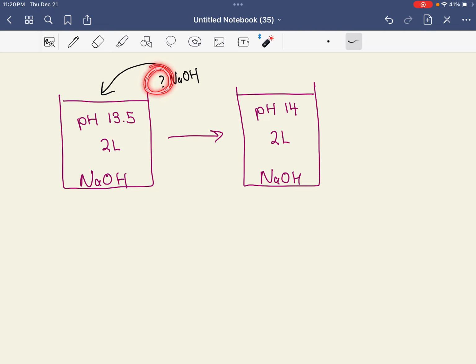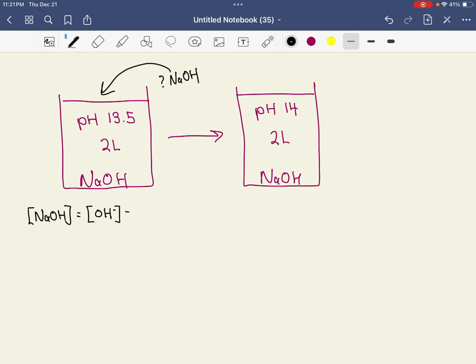How much? Well, again, let's turn those pH into concentration. So the concentration here is this. Now, the good thing about this is that NaOH and OH is 1-to-1. That makes life actually a lot easier.